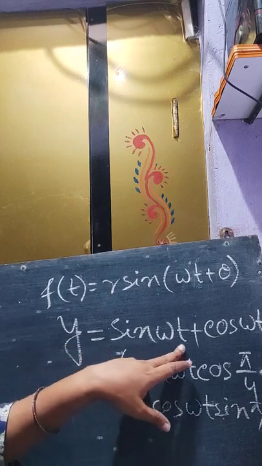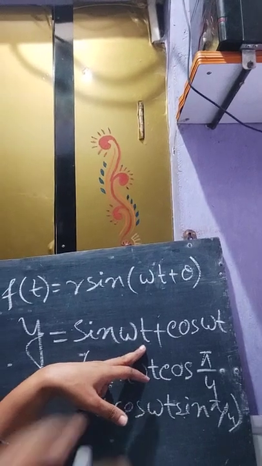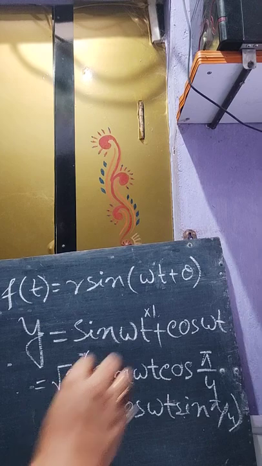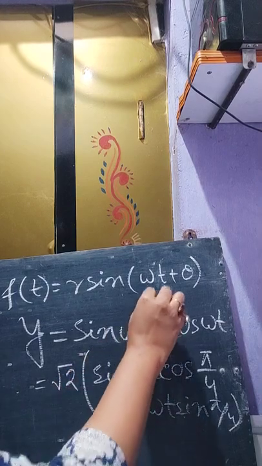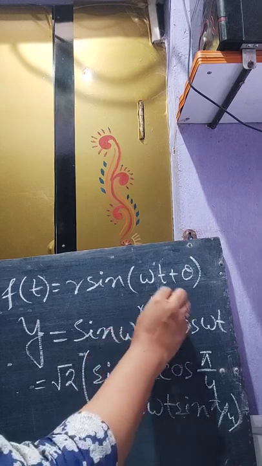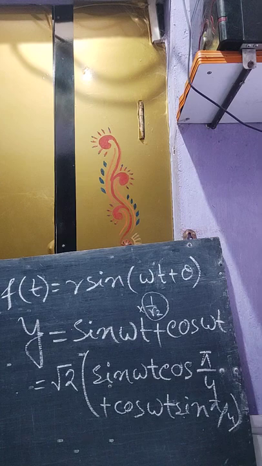Look, sin omega t is here. If I write here 1 by root 2, what will be the value of 1 by root 2? That is cos 45 has the value of 1 by root 2, as well as sin 45 also has the same value, 1 by root 2, right?